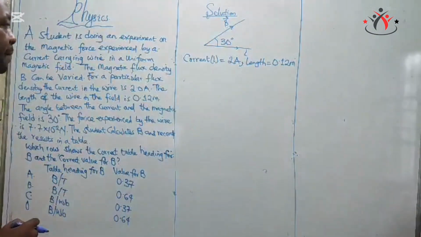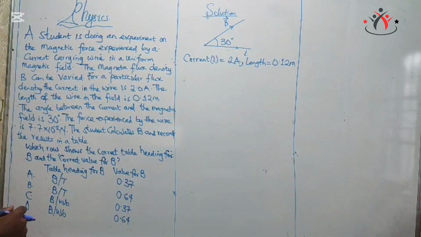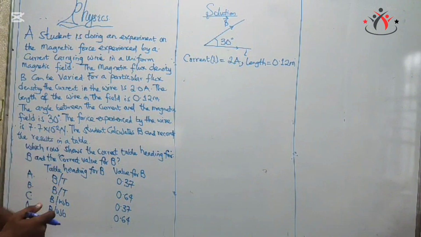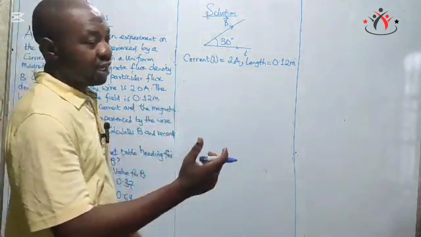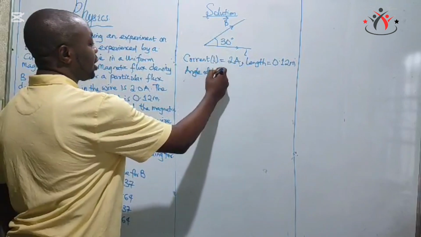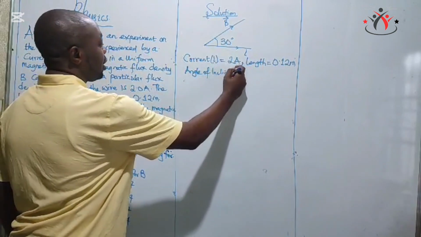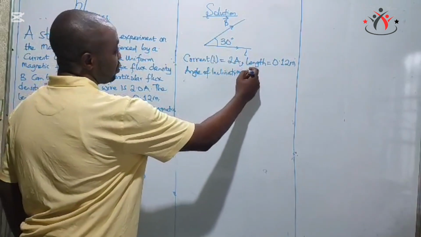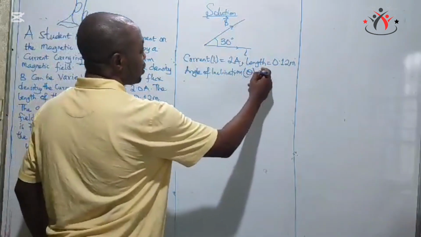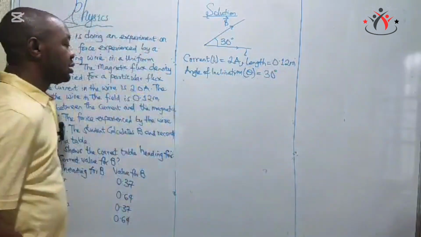Then we are given the angle between the current and the magnetic field, which is 30 degrees. That's the angle of inclination, which we designate with the Greek letter theta, so theta equals 30 degrees.